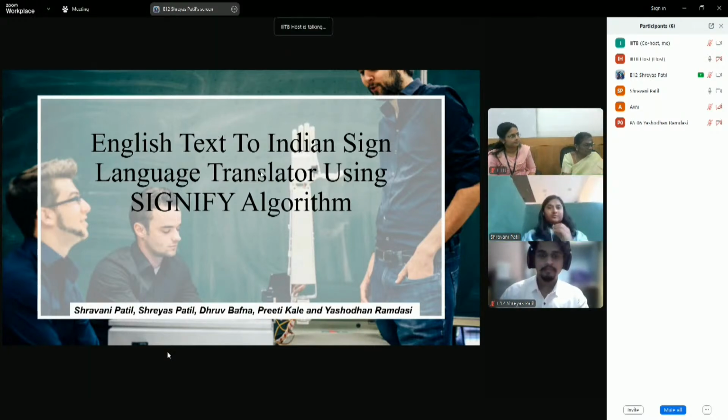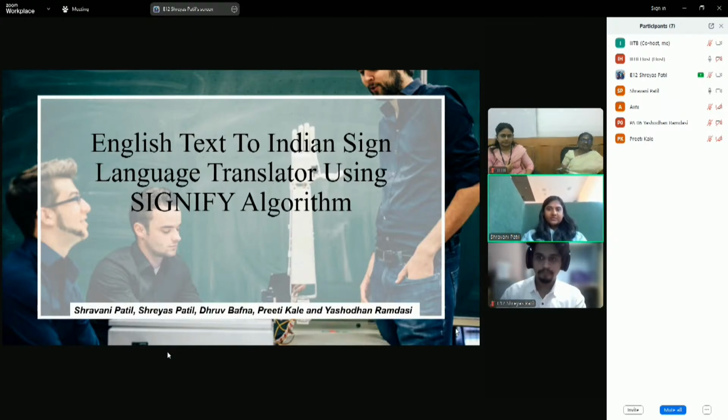Mr. Shreyas Patel. Hello, sir. Yes, Ms. Shravani Patel. Good. What about the others? Mr. Dhruv, Ms. Preeti, and Mr. Yashodhan. Are they there? Yashodhan Anand, yes, present. Fine. So do we want to wait for them or start? No, Yashodhan is there. Okay, we shall continue. You can start whenever you are ready. Okay, ma'am. Thank you.